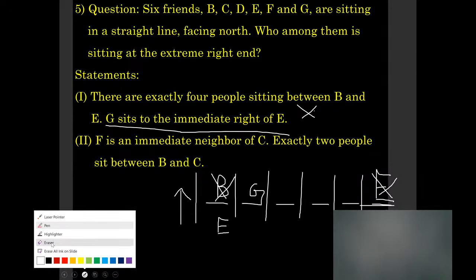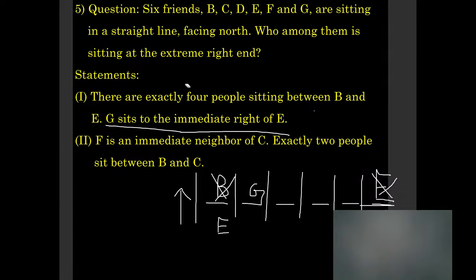First, let us look at the question. Who among them is sitting at the extreme right end? From the first one, is it possible to get who is sitting at the extreme right end? If you observe, B is sitting at the extreme right end.